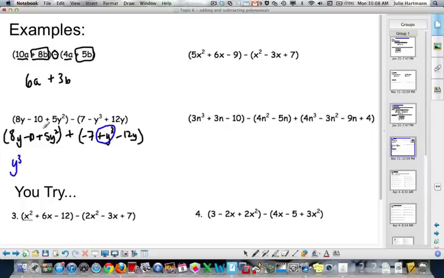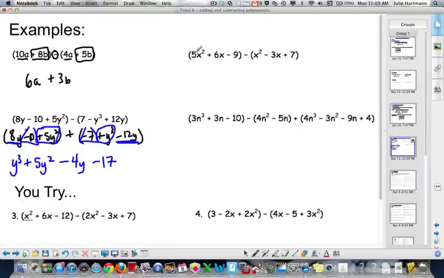Y squared will be next, so here's a 5y squared. No other like terms with that, so plus 5y squared. And then you have 8y and minus 12y, so 8y plus negative 12y is negative 4y. And then, let's see, negative 10 plus negative 7 is negative 17. And you do want to give your answer in standard form.